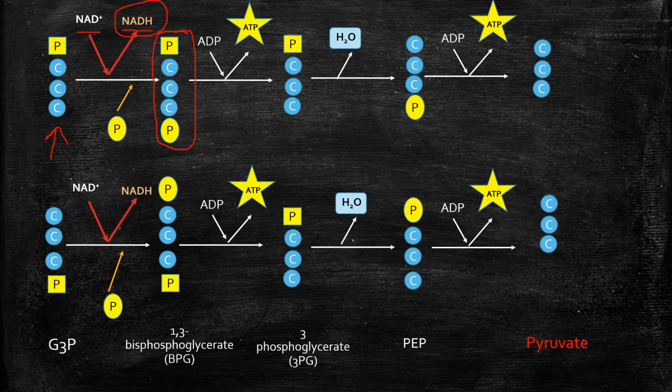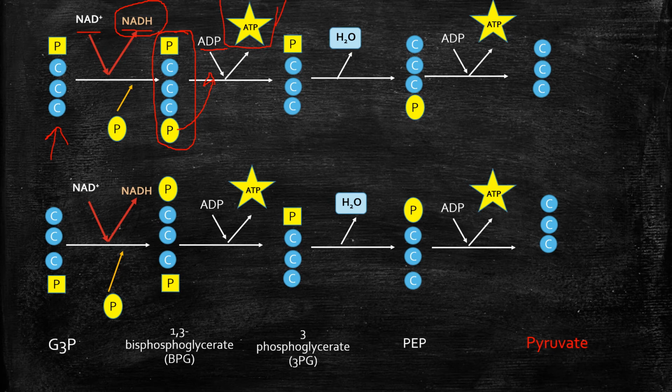Okay, so because of this inorganic phosphate group, it is high in energy, and what we're going to do here is what we call substrate level ATP synthesis, or substrate level phosphorylation. So in other words, the ADP that is sitting around, we're going to donate this inorganic phosphate group to it and produce 1 ATP molecule.